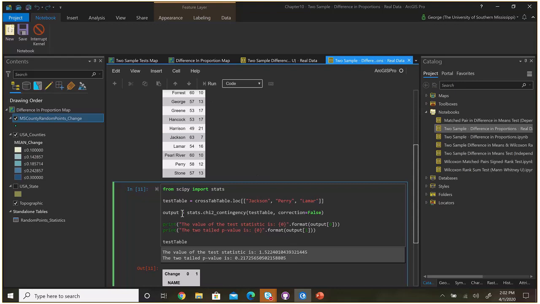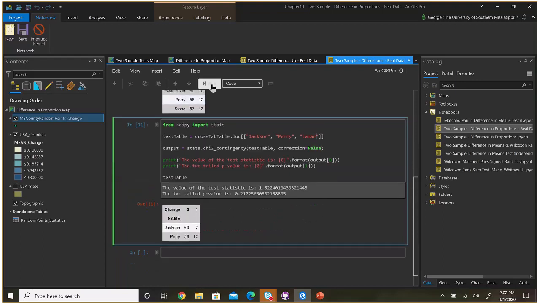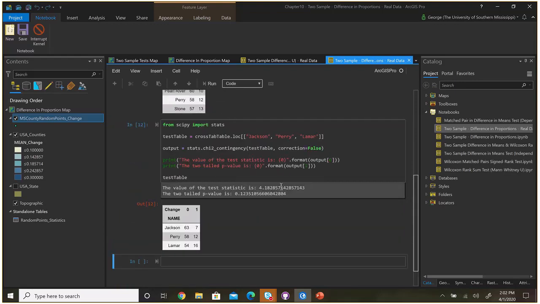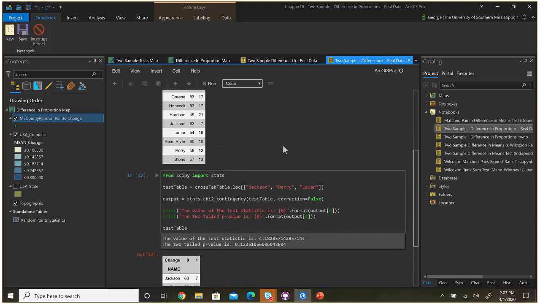We can use the same method to compare 3 counties. Okay. So here we're saying, is there a significant difference between the proportion of all 3 of these counties, or are they the same? And notice the p-value got even lower now if we concluded Jackson, Perry, Lamar.